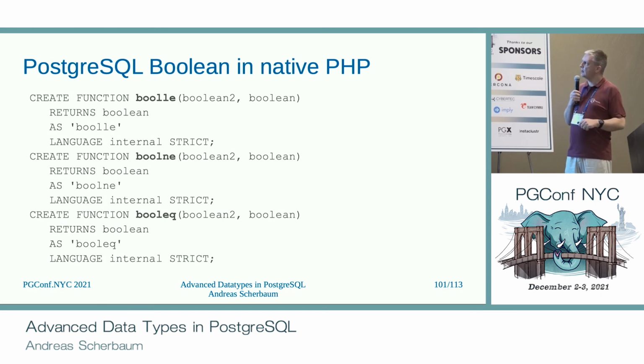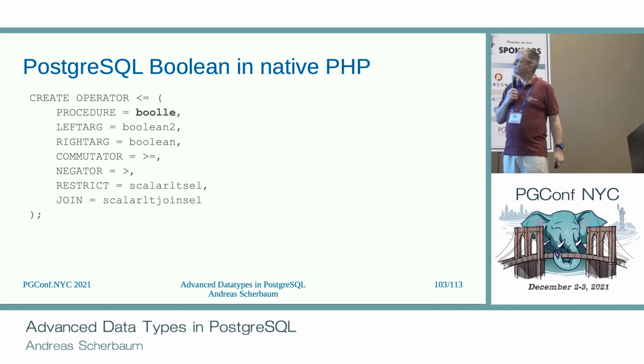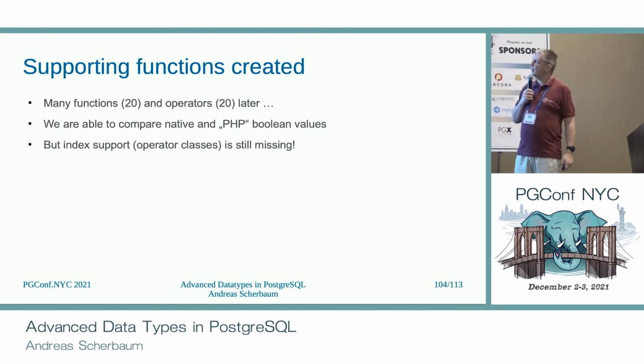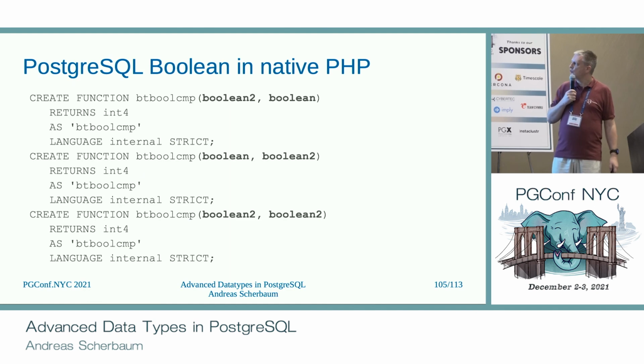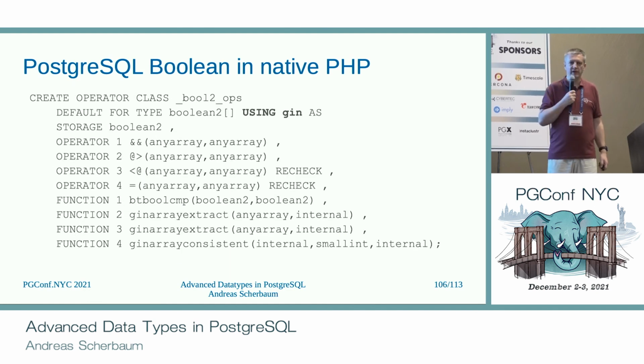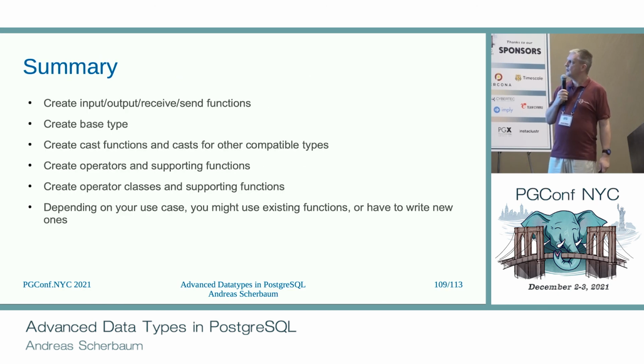And we made everything compatible, so we can compare our Boolean type with the native Boolean type in Postgres. So whenever someone is using native Boolean, we can compare this here. So at this point, we have sorting. Indexing is still missing. A couple more functions for indexing, a couple more operators and operator classes. And then we're basically done.